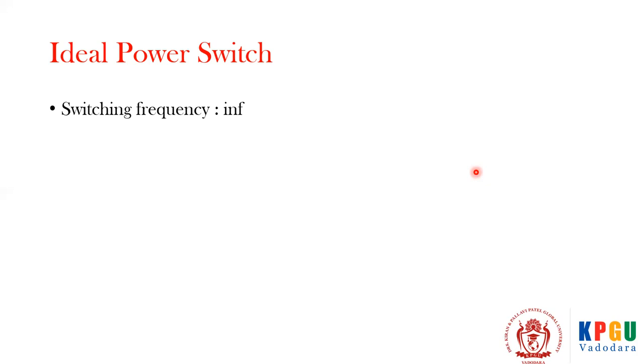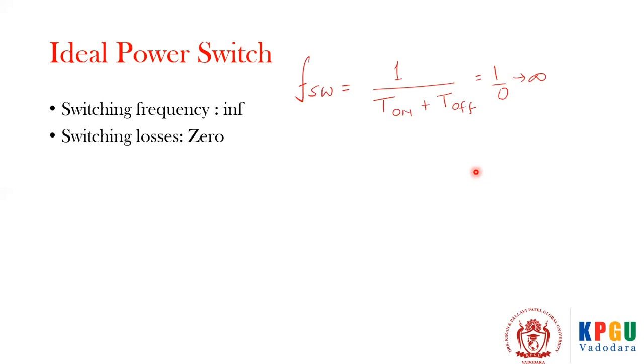An ideal power switch should have infinite switching frequency. If you define switching frequency as 1 upon T on plus T off, then as T on is zero and T off is zero, 1 upon 0 is infinite. So a very large switching frequency is possible if the switch is ideal, meaning very fast switching. Switching losses should be zero.